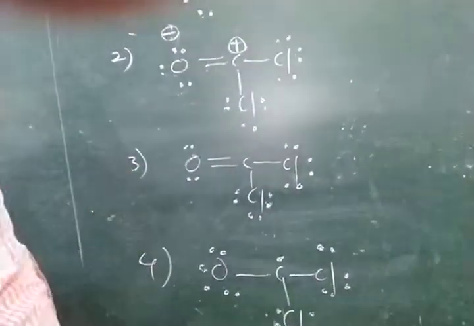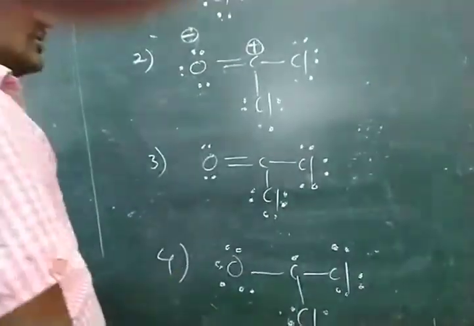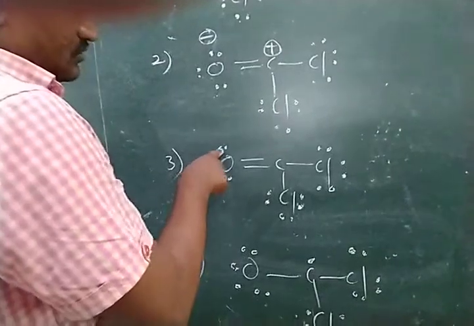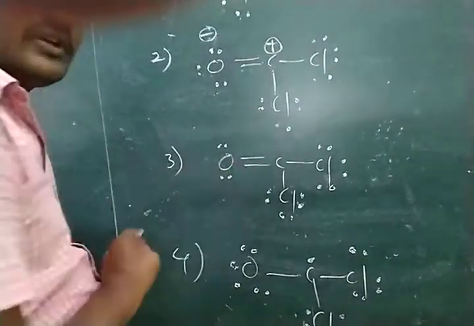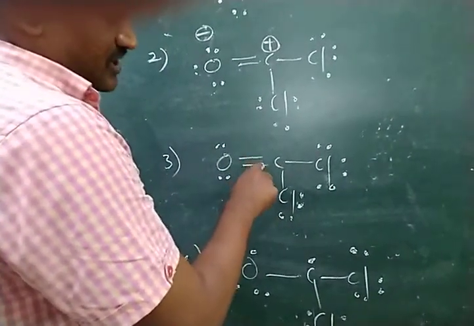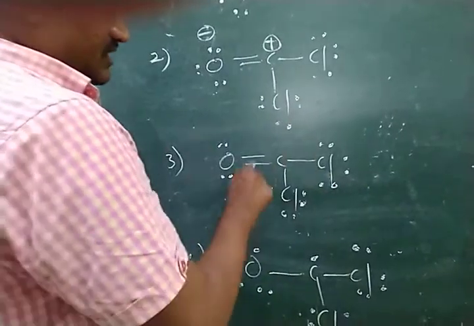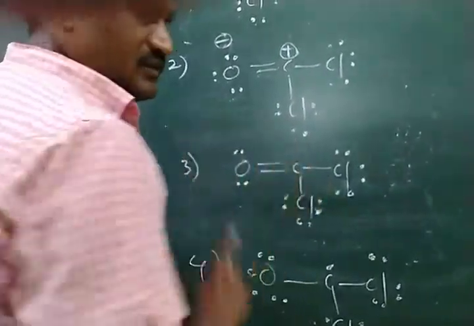Now if you see option 3, this is the neutral species, there are no charges. And if you observe the octet rule, oxygen: 2 plus 2, 4, plus 2, 6, plus 2, 8. So oxygen is following the octet rule. And carbon, here total 4 bonds, each bond has 2 electrons, 4 bonds mean 8, so following the octet rule.